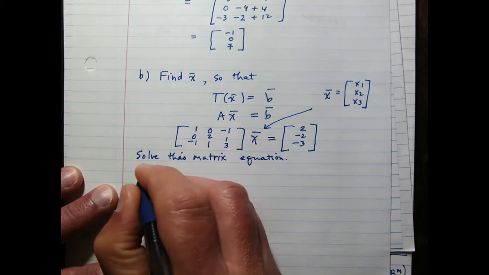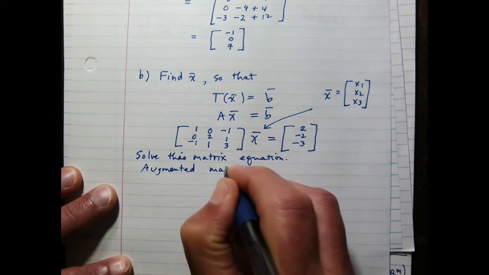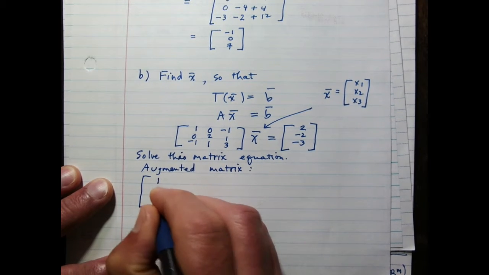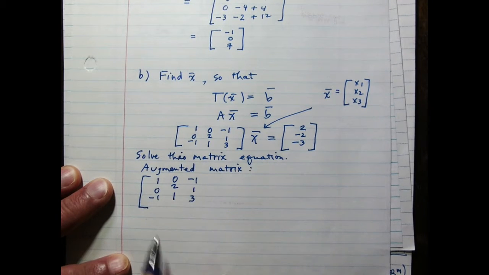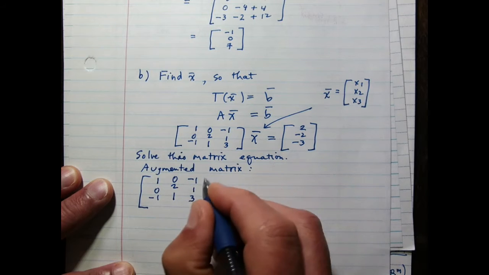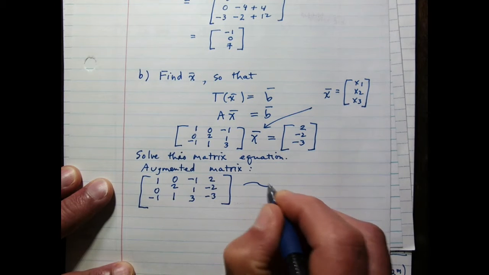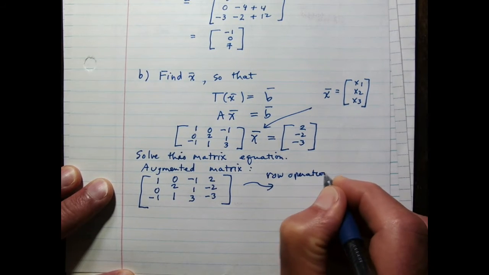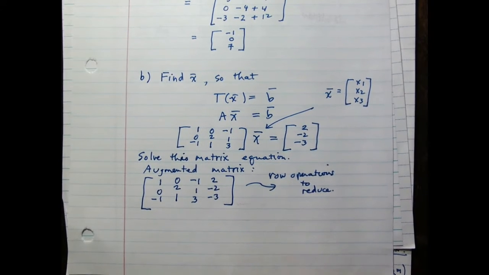So I'm going to set up my augmented matrix, right? And of course you could have gone right to this step if you saw where this was going. So there are the columns of A, and then my b vector, 2, negative 2, negative 3. And then what I've got to do is apply row operations to reduce this matrix to echelon form.